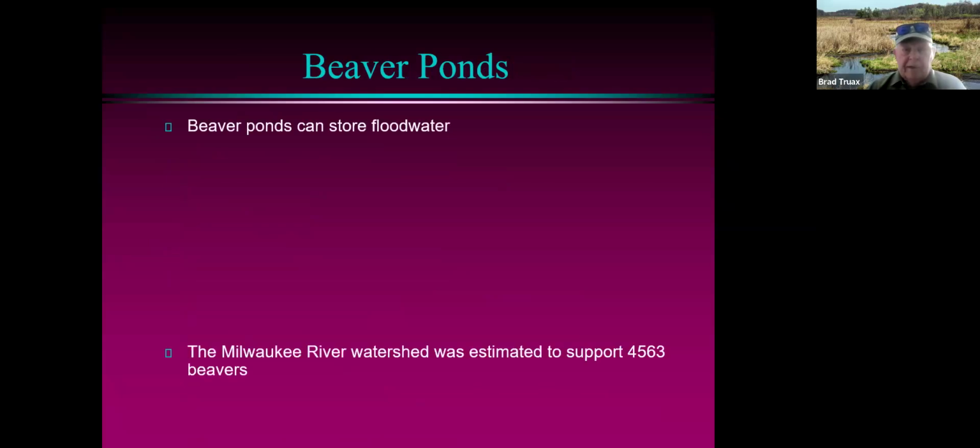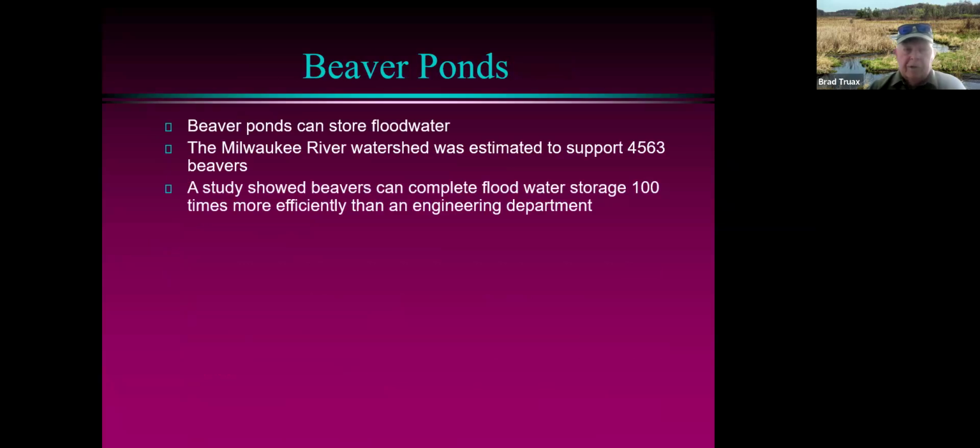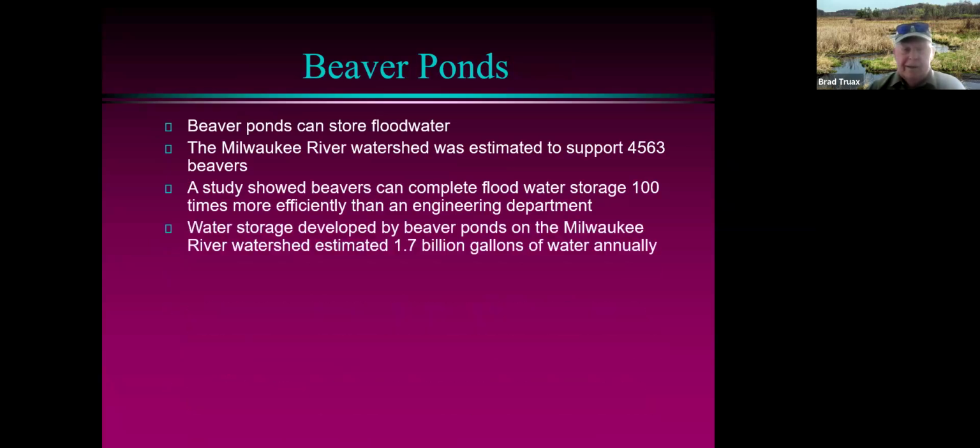So again, beaver ponds can store floodwater. Interestingly, the Milwaukee River watershed was estimated to support about 4,500 beavers. And a study showed that the beavers can complete floodwater storage 100 times more efficiently than an engineering department could.